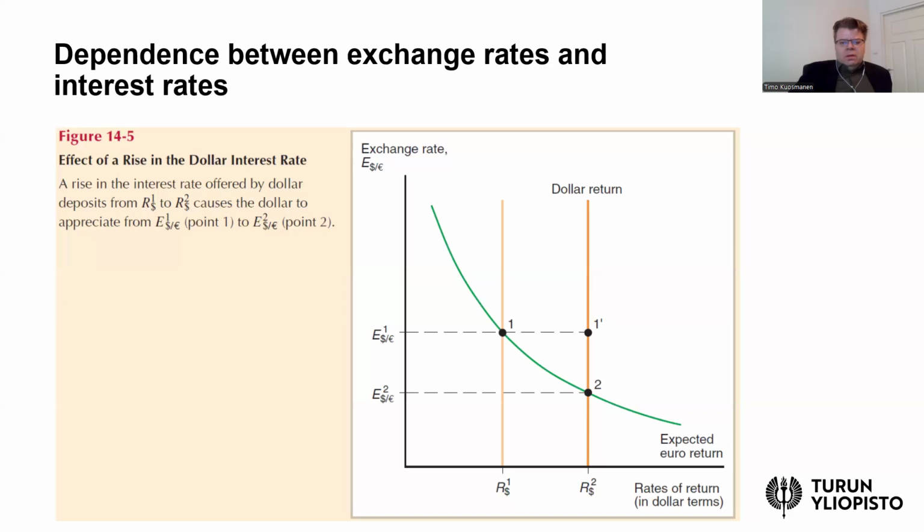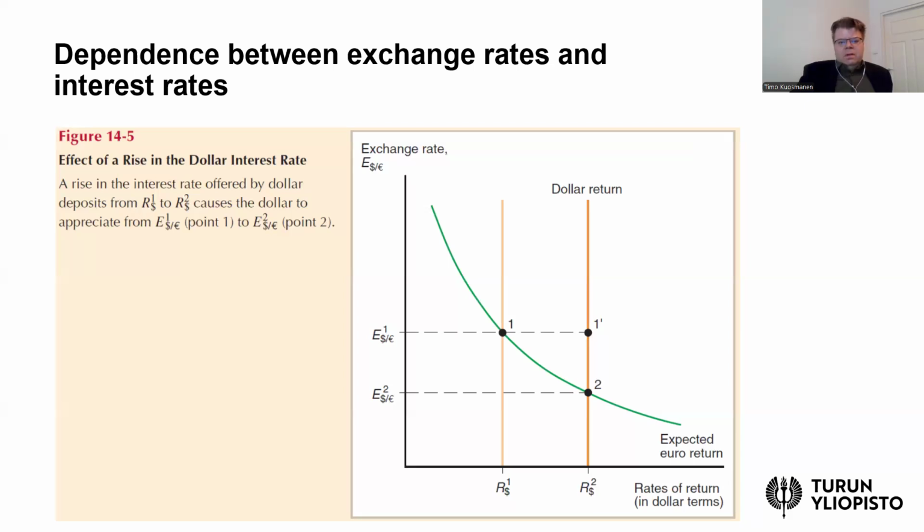So in the foreign exchange market, the floating exchange rate between the US dollar and euro needs to move to a new equilibrium at point two. And that means that the dollar appreciates relative to the euro. So in the new equilibrium, investors are again equally well off holding US bonds or European bonds.